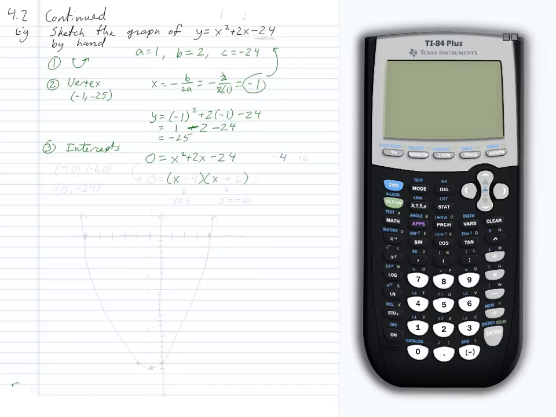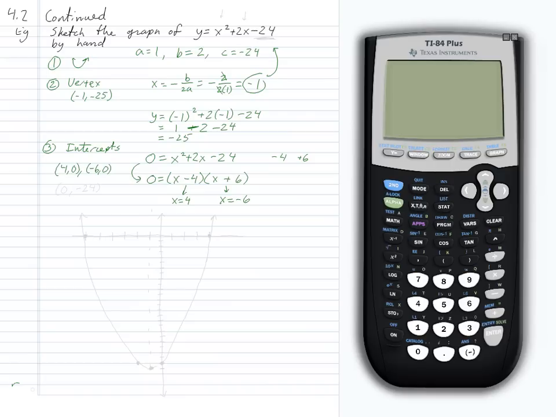So I'm thinking a 4 and a 6, and I think the 4 needs to be negative and the 6 needs to be the positive one. So from there we can say x equals 4, if we solve that resulting equation, that factor being equal to 0 implies x equals 4. And this other factor implies x equals negative 6. So we've got our x-intercepts, (4, 0) and (negative 6, 0).